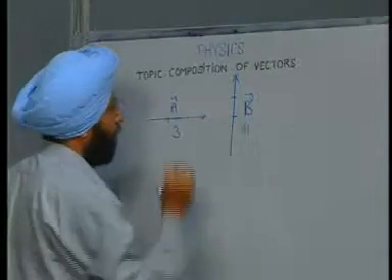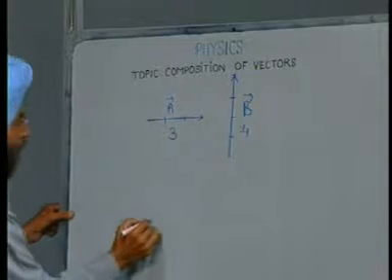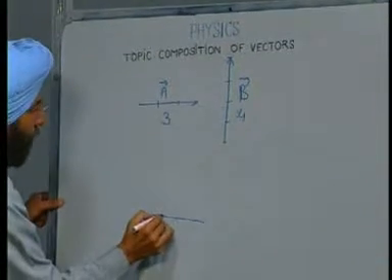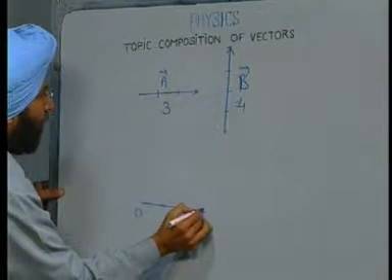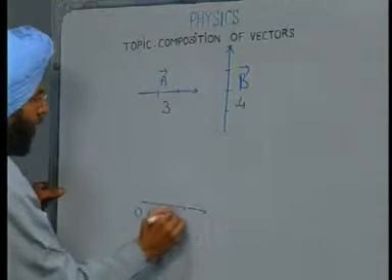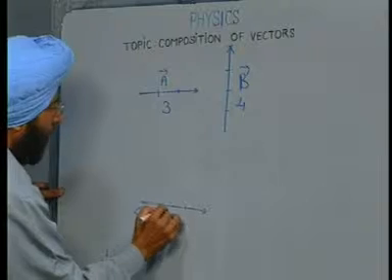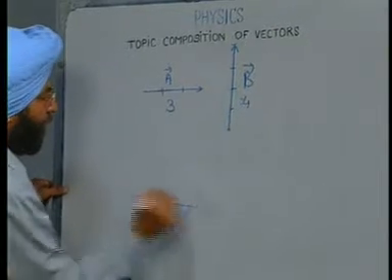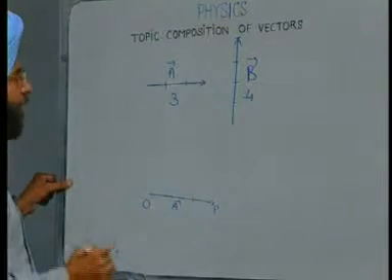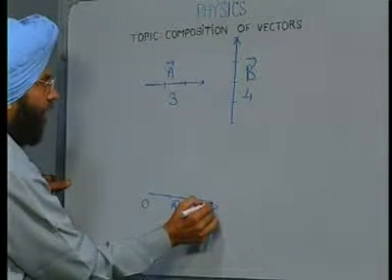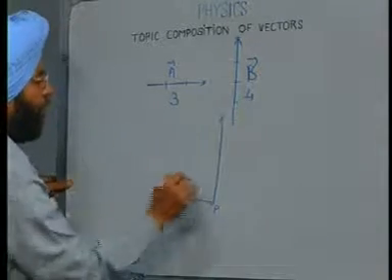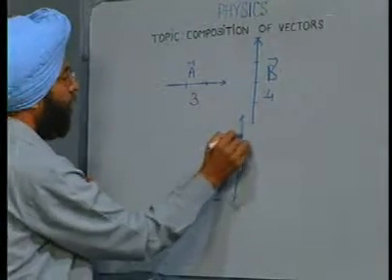Now, when we add, we start at O and move in the direction of A. So, this line OP with this arrow represents A vector. To add B to it, we move parallel to B 4 units.